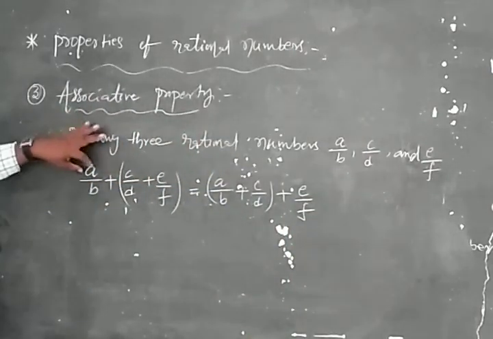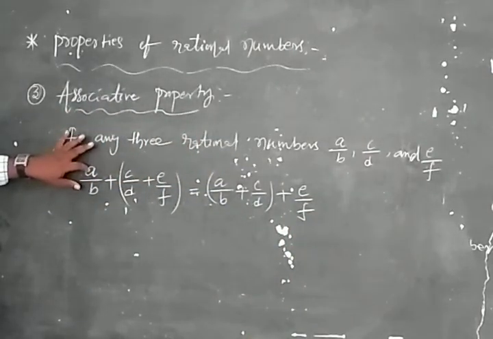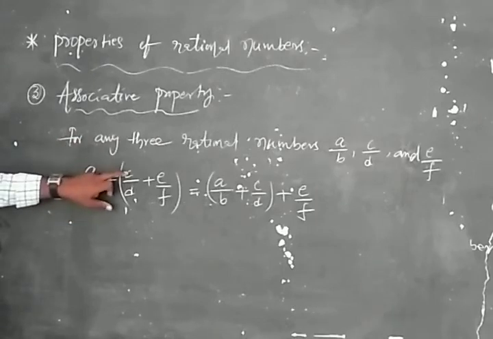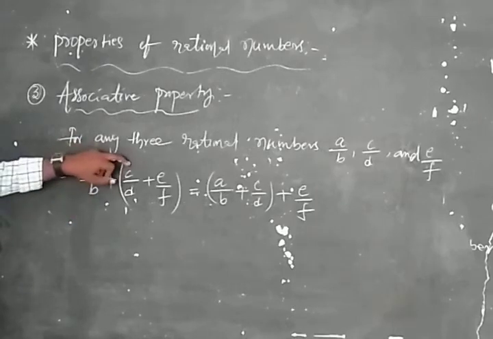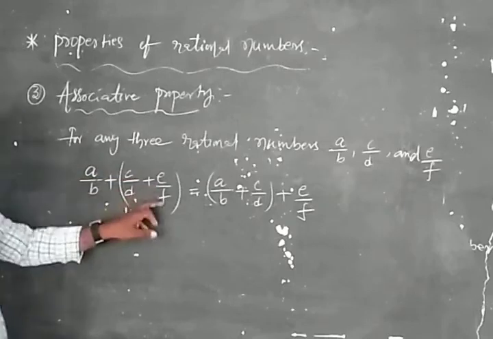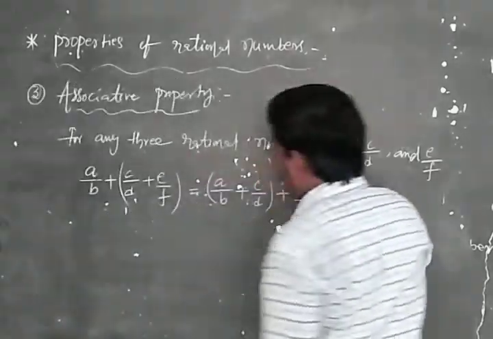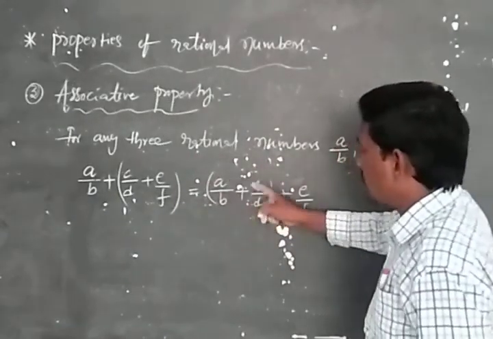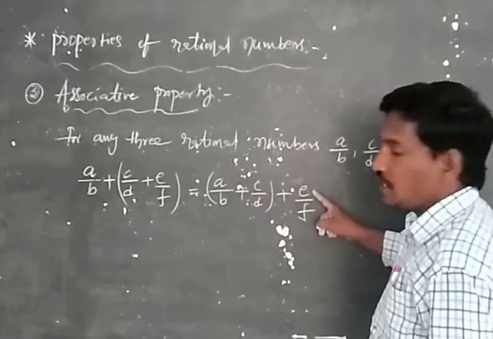So observe, A by B plus, then C by D plus E by F. So we can write it like this: A by B plus C by D plus E by F.